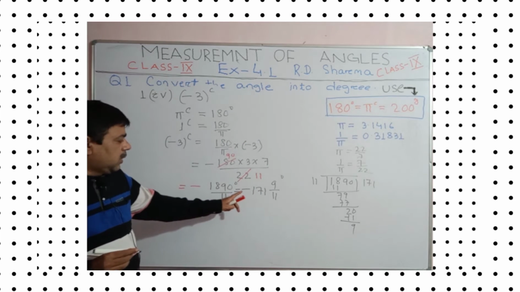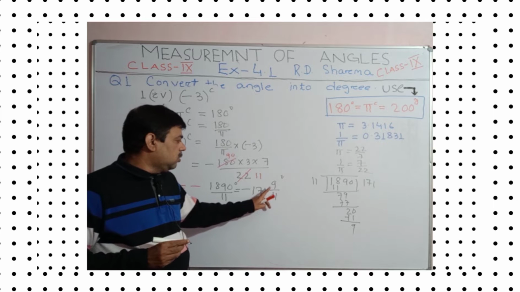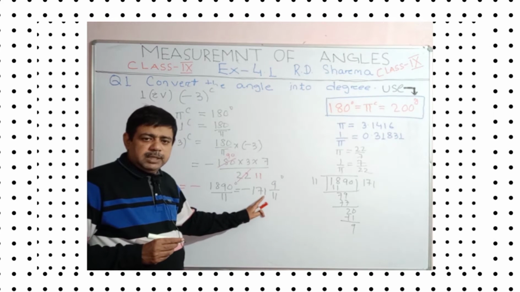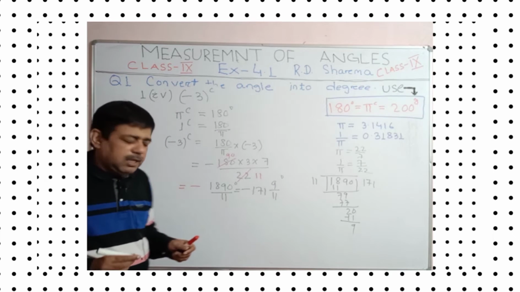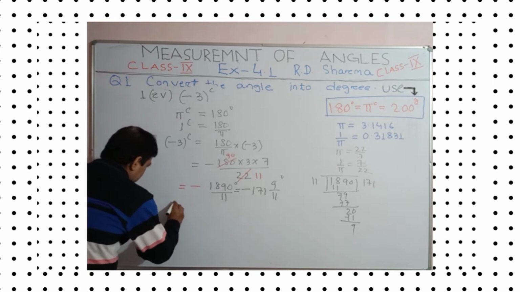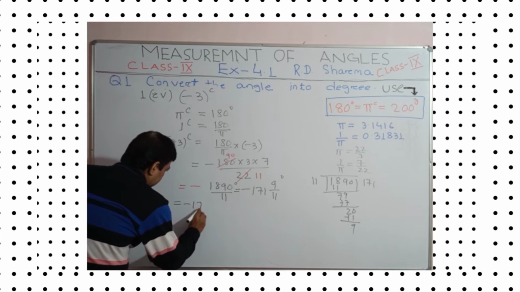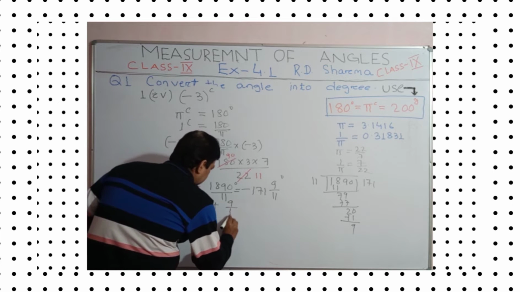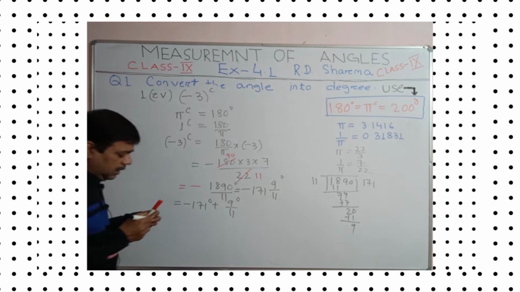Okay, here we see minus 171 whole 9 by 11 degree means minus 171 degree plus 9 by 11 degree. Can you divide this mixed fraction? So minus 171 degree plus 9 upon 11 degree. Okay, is it clear?